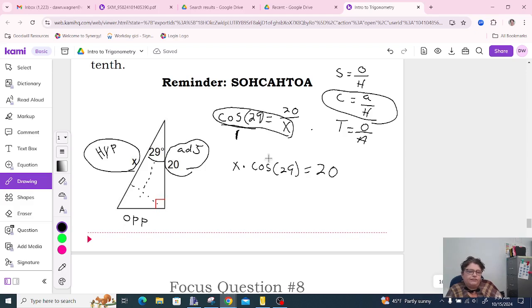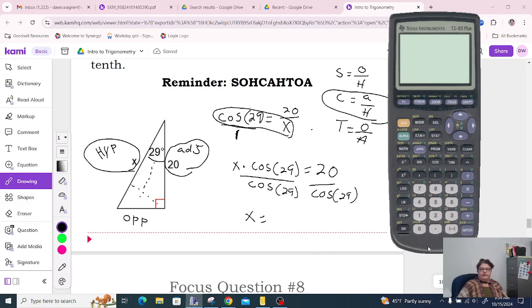Cosine 29 is just a number stored in the calculator. Remember me talking about that? It's just a number. What am I going to do to both sides so I can get x by itself? I'm going to divide by cosine 29. So x is equal to, now I'm going to put this in my calculator. I'm going to check my mode first.